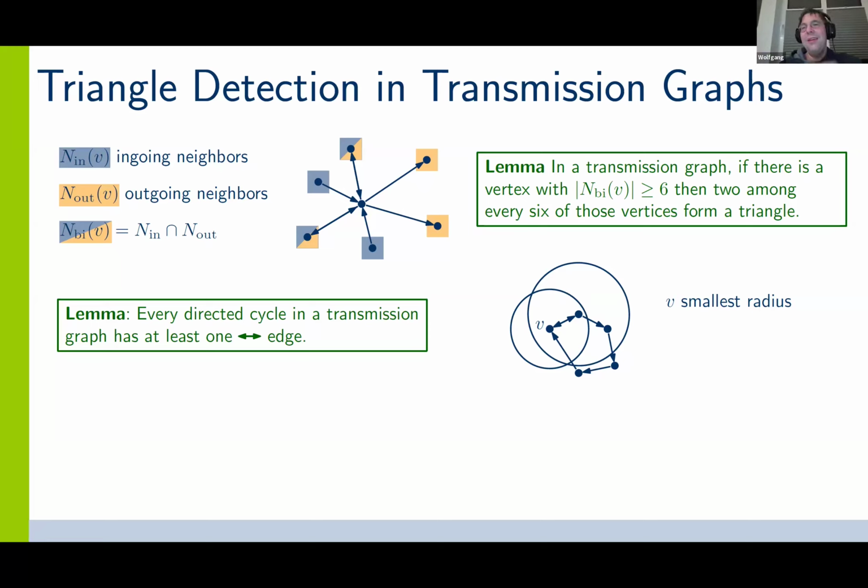And that's basically how we can identify the smallest disk, even if we have only an abstract graph, an abstract transmission graph.